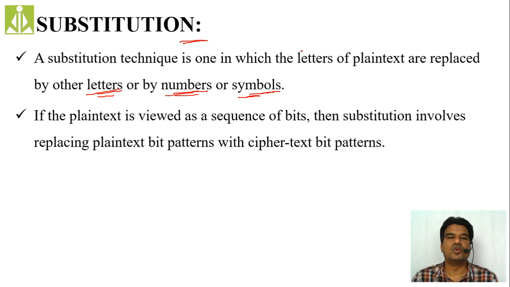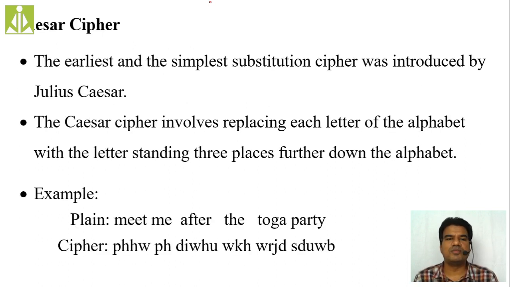Based on the key value we select, we generate some virtual clarity in between. That is nothing but your letters, numbers, and symbols. Based on these, we replace each alphabet in your plain text with an alphabet in your ciphertext, or each bit in your plain text with a subsequent bit in your ciphertext, based on that key transformation only. Quickly we see one simple example of the substitution technique, and one such example is the Caesar cipher. It is a most important question for your SAQs: how does the Caesar cipher work?